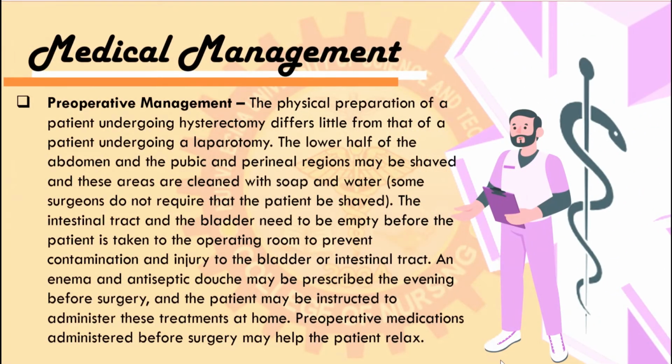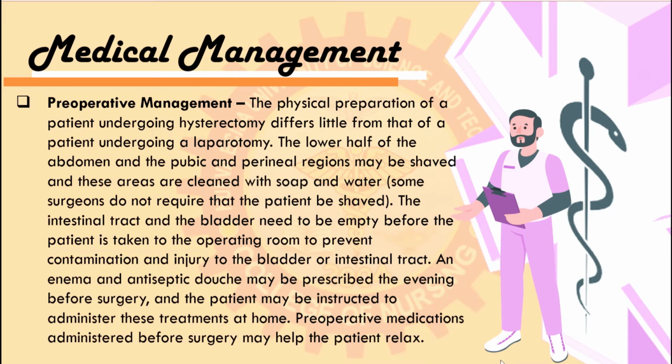For the medical management, for operative management, the physical preparation of a patient undergoing hysterectomy differs slightly from the patient undergoing laparotomy. The lower half of the abdomen and the pubic and perineal regions may be shaved, and these areas are cleaned with soap and water. Also, some surgeons do not require that the patient be shaved.